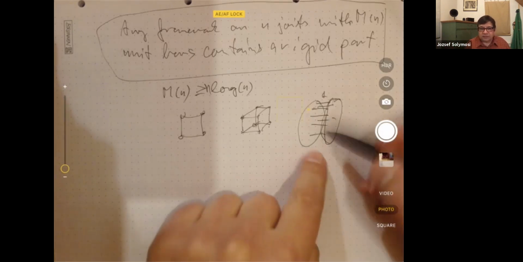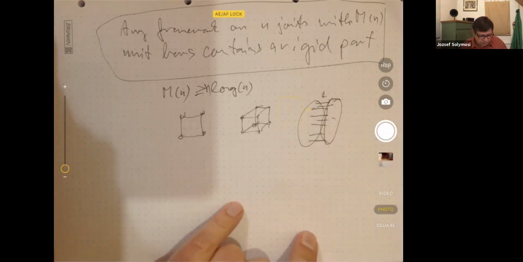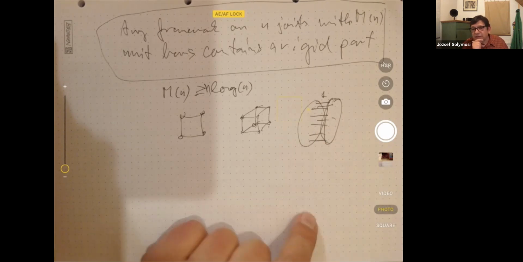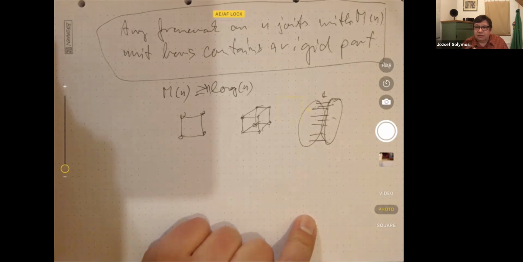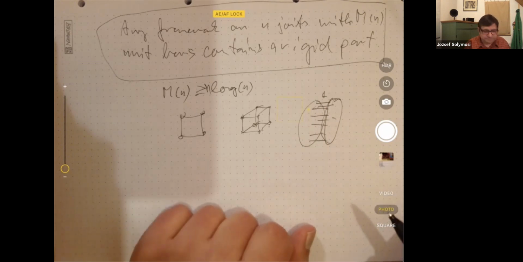And if you repeat this method, then that's exactly log n. So the number of unit bars will be n log n. And that's the best I know. I'm not brave enough to say that this is even close to the truth, but that's where we are.